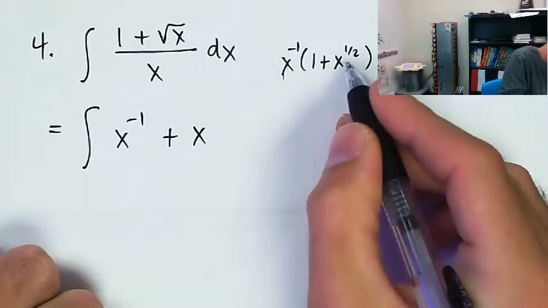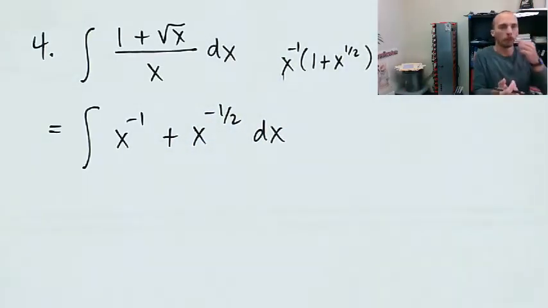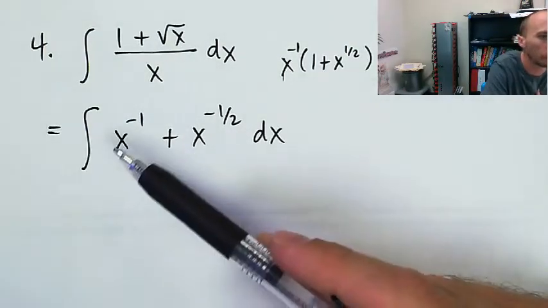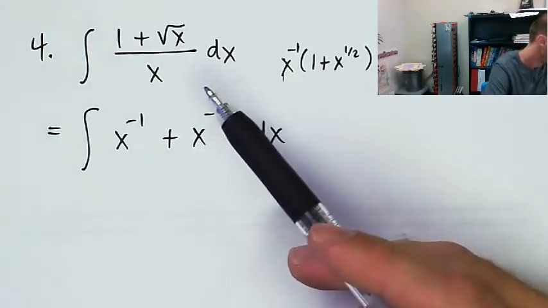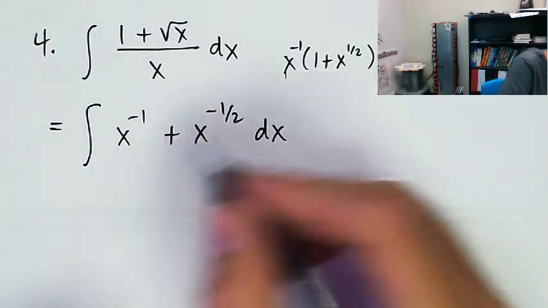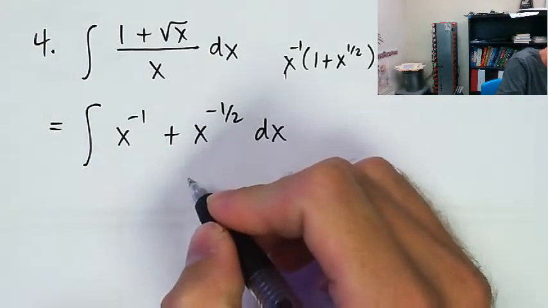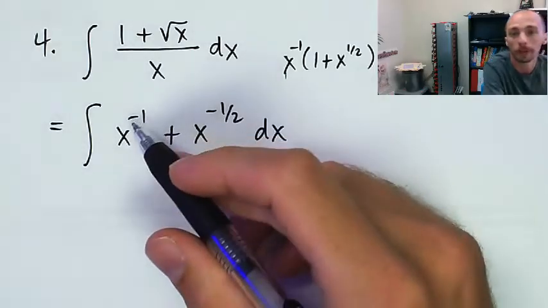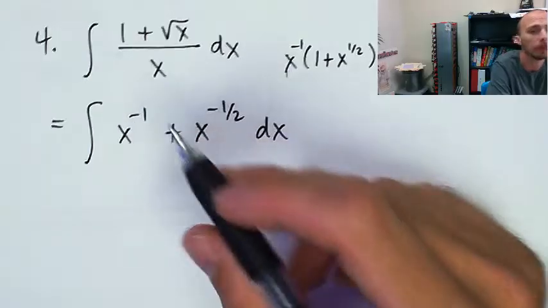X to the negative 1 plus 1/2 is negative 1/2. Now maybe you remember me telling you that the power rule only works for powers of x that aren't -1. It works as long as we're not taking the antiderivative of x to the -1. But if you didn't remember that, then once you went to increase the power by 1, you got x to the 0 and you wanted to divide by the new power, you were trying to divide by 0, that's a bad sign, right?